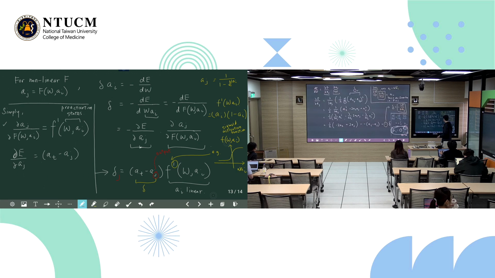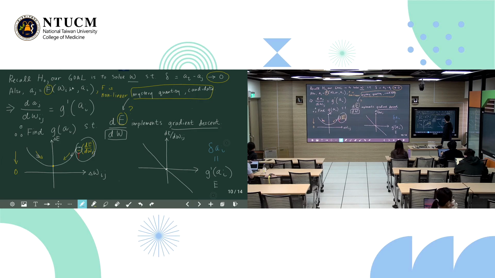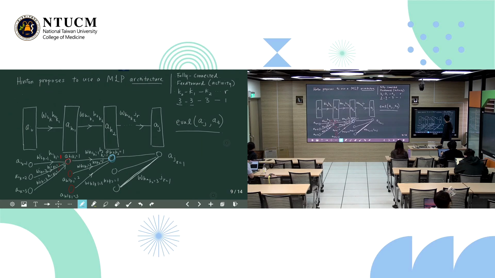If we go back to that vector notation representation, this is AJ, the output layer. So what eval do we want to do? Eval is going to be equal to AT minus AJ, and then AH times 1 minus AH.